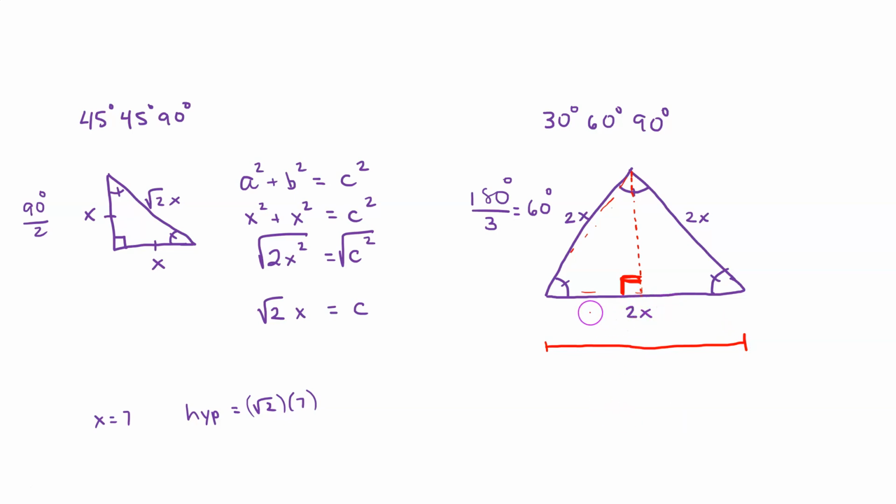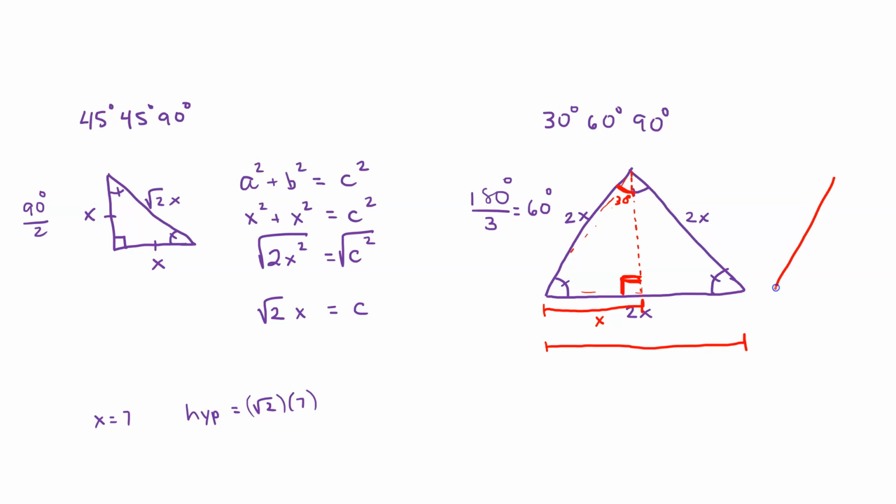So this length right here is 2x divided by 2, which is simply x. And then the third thing we've done is we've cut this angle in half. It was 60, now it's 30. So here's our 30, 60, 90 degree triangle.